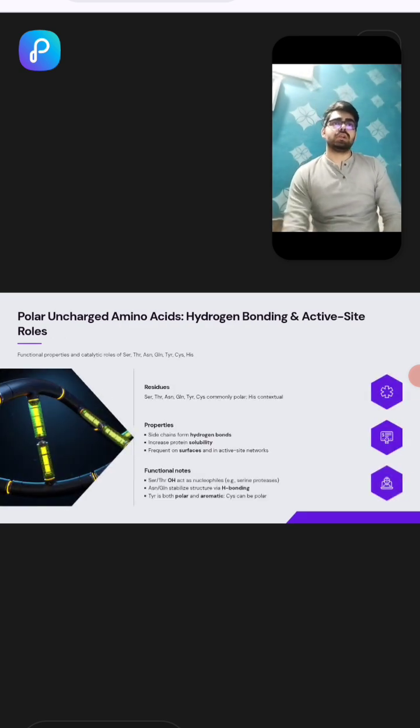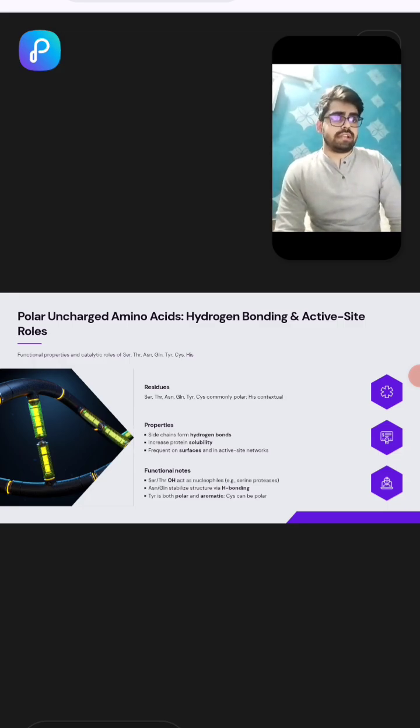When we go to the polar uncharged amino acids, which is self-explanatory, polar means they form hydrogen bonds. Residues are the amino acids that are left, but most of them are covered under polar uncharged. Residues: serine, threonine, glutamine, tyrosine, commonly polar.